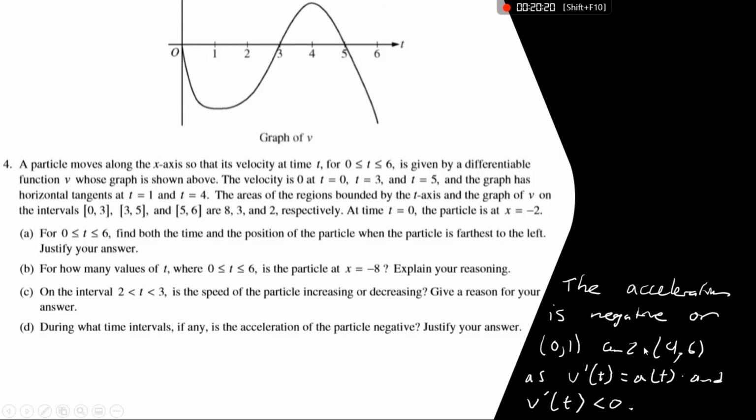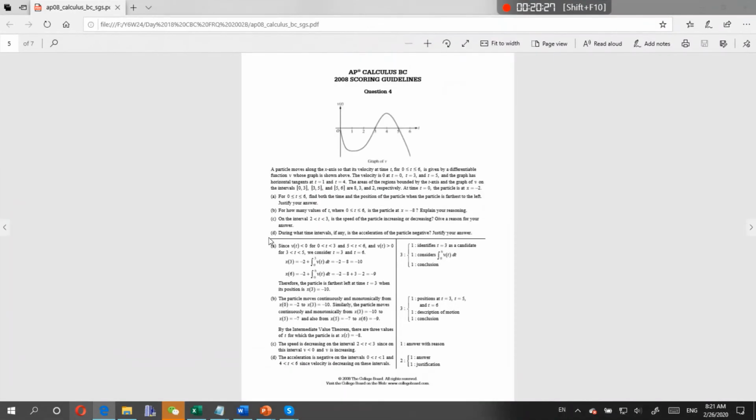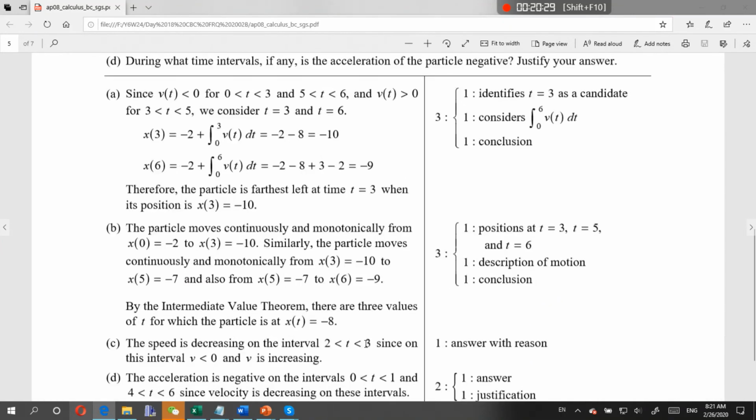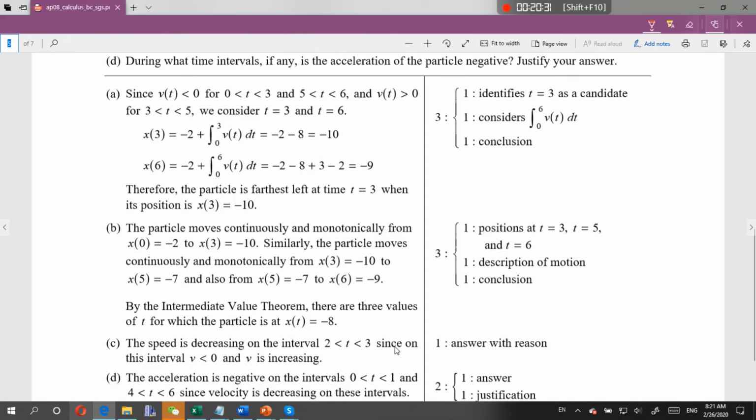Okay, I'm going to throw up the scoring guide really quick. Identified t equals 3 as a candidate, considers the integrals, and has our conclusion. We were furthest left at -10. Okay, we look good. Used positions at 3, 5, and 6 with a description of motion and a conclusion.